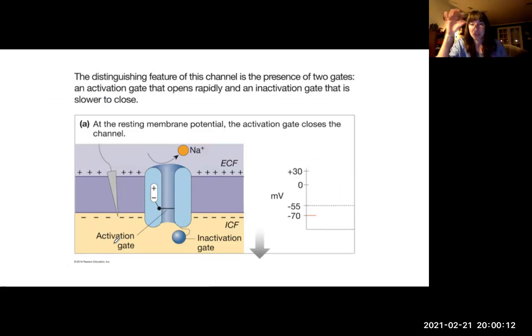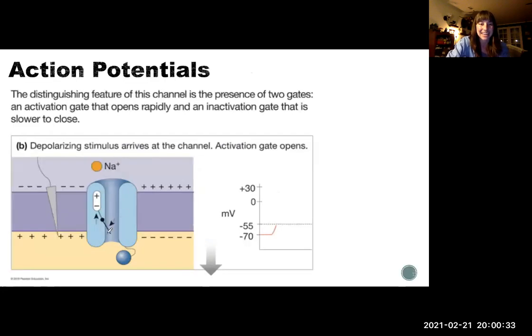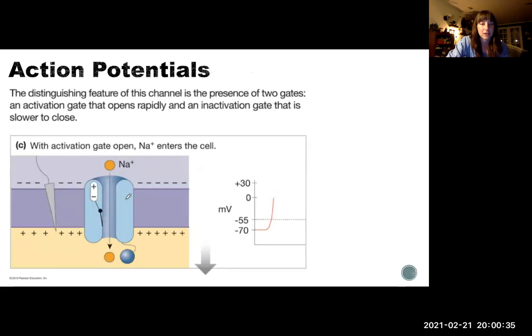And since sodium has been corralled outside of the cell but has a low concentration inside, it rushes in down its concentration gradient into the inside of the cell. That is depolarization, okay? So the first thing that happens is the gate opens, boom. Now sodium, which once could not get in, now it can get in. The gate opens, sodium rushes through, okay?